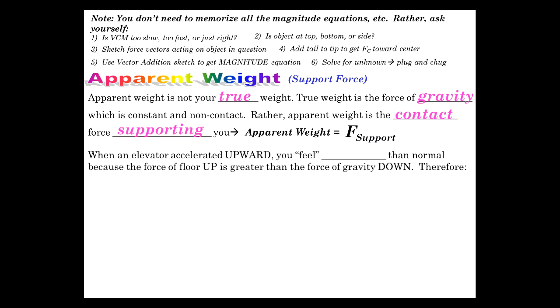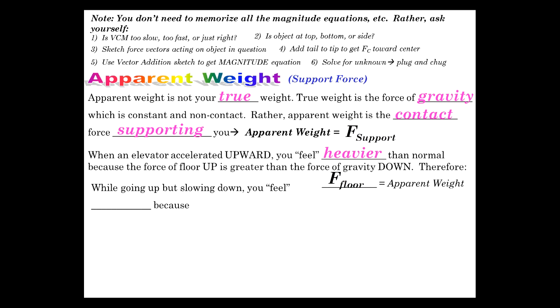It's a momentary impulse that hits you, that makes you feel heavier than normal. Because the upward force of the floor pushing on you has got to be greater than the force of gravity down. This upward force has to overcome gravity and accelerate you upward momentarily. So the floor force in that case is your apparent weight.